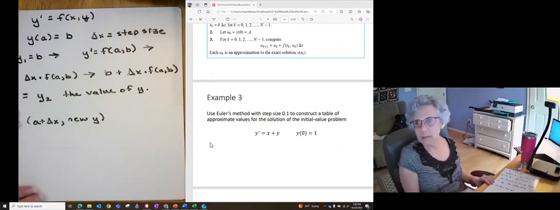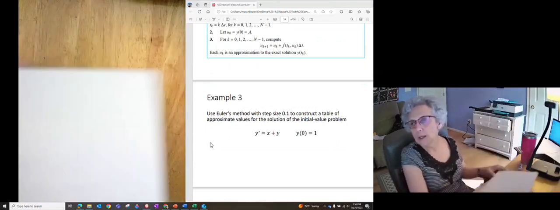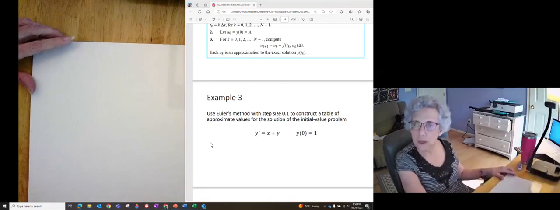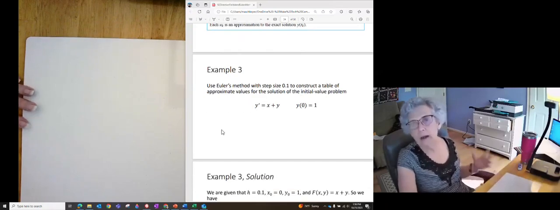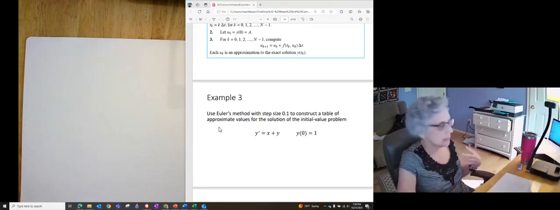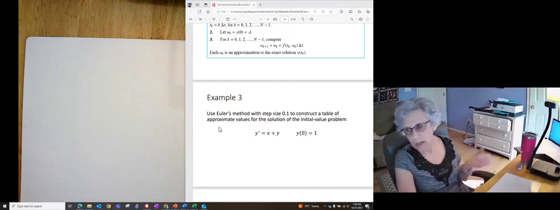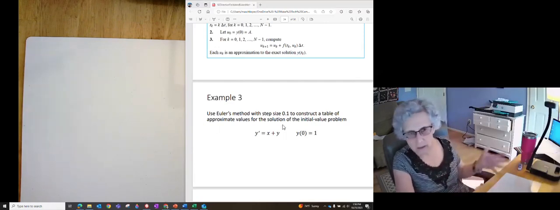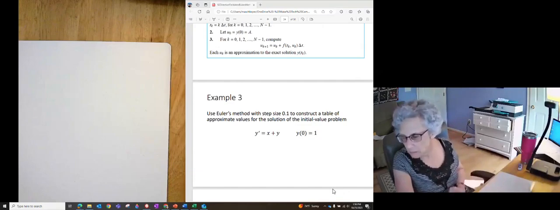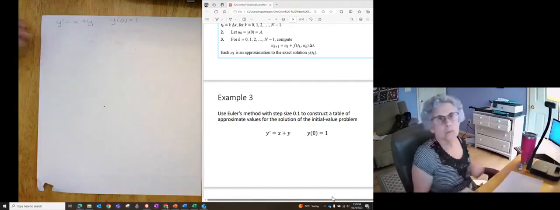Use Euler's method with step size 0.1 to construct a table of approximate values for the solution of the initial value problem. Now, this one doesn't give you an ending point, so I'm going to go from 0 to 0.5. I'm going to get a sheet of paper to write it on because it'd be too big a mess on my whiteboard.